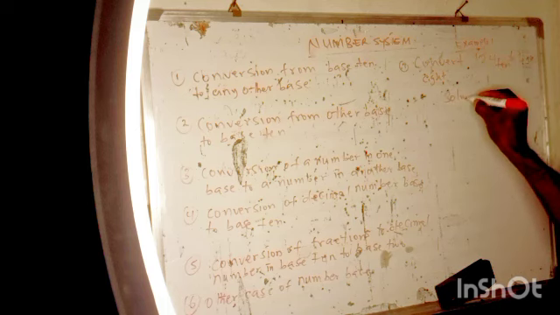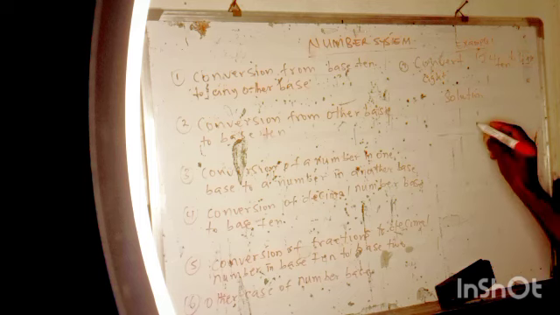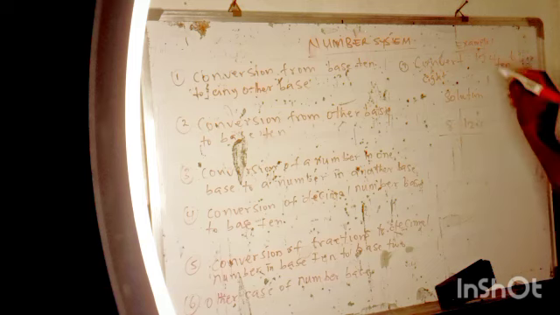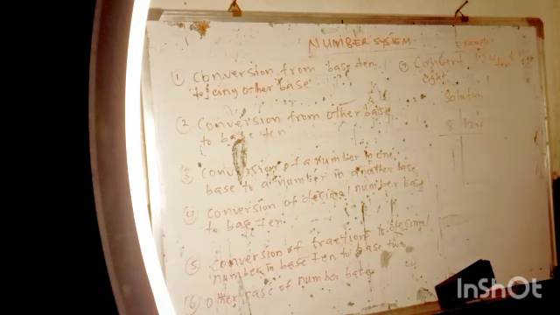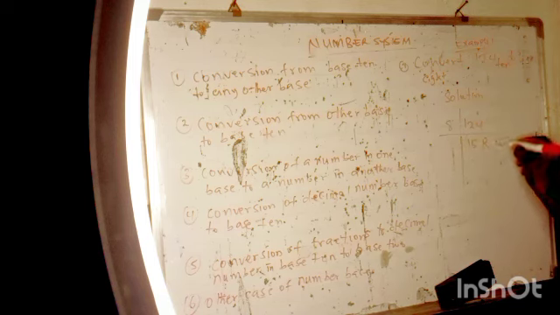The solution to this problem is very simple. You just have to draw your table. You fix in the 124, then you divide it by 8. 8 into 124 gives you 15, remainder 4.